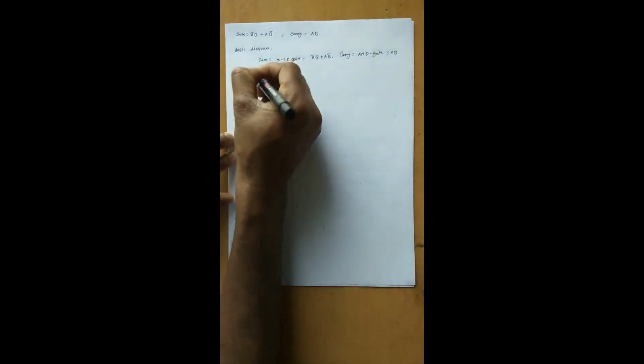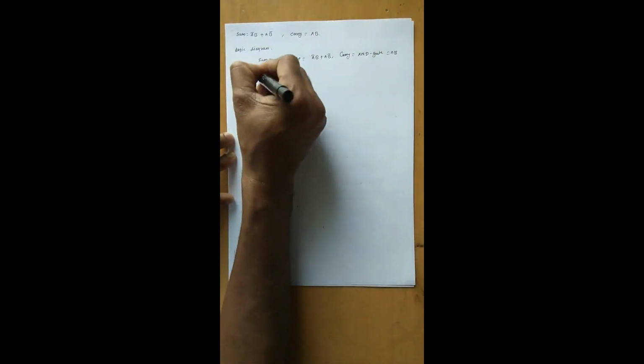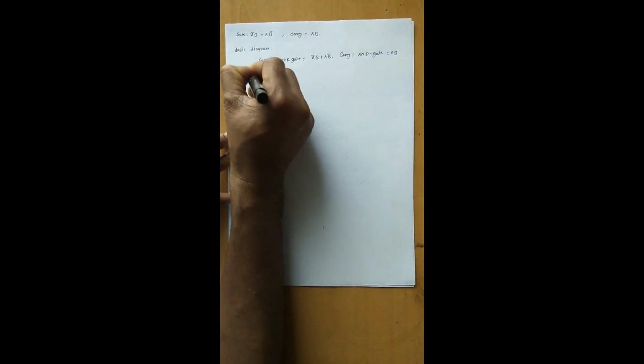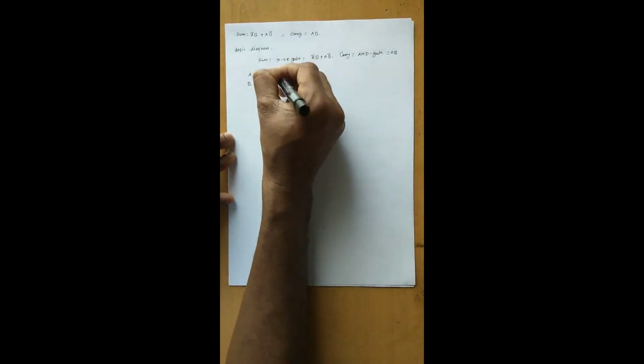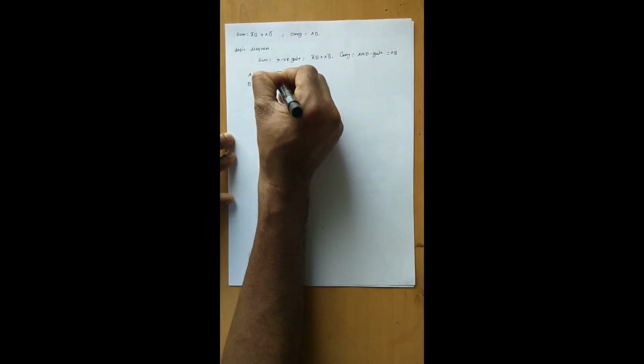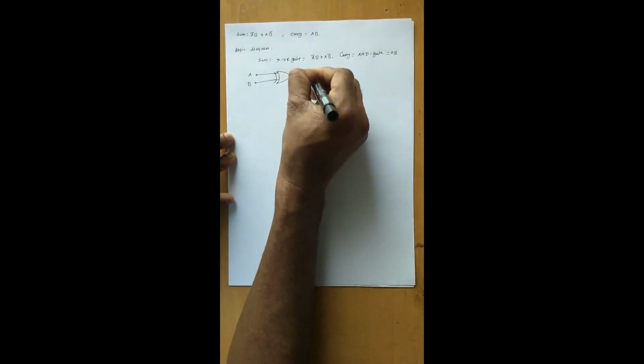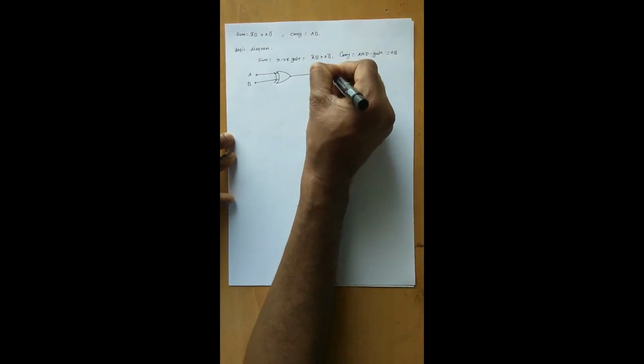Now draw. First we need inputs A as well as B. We use first an exclusive OR gate, which gives us the result sum.